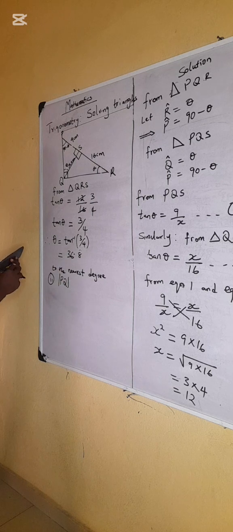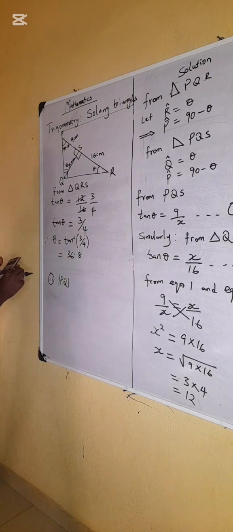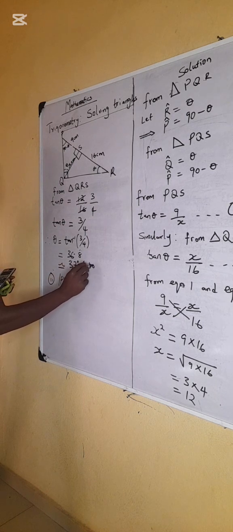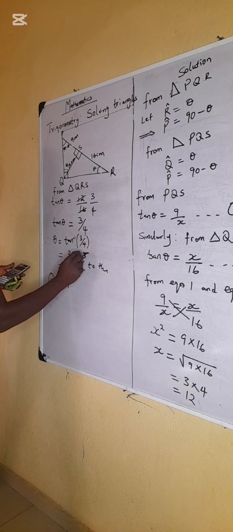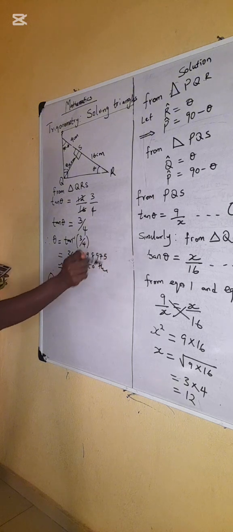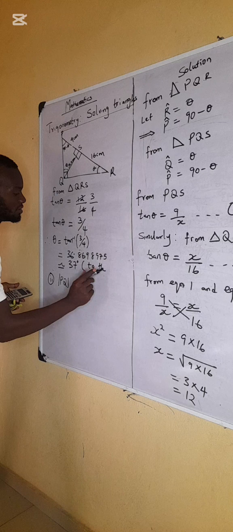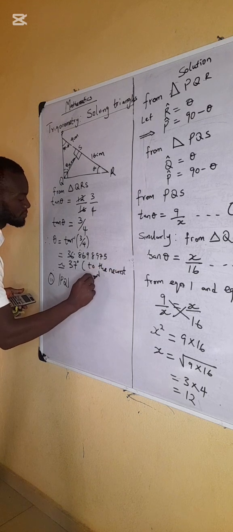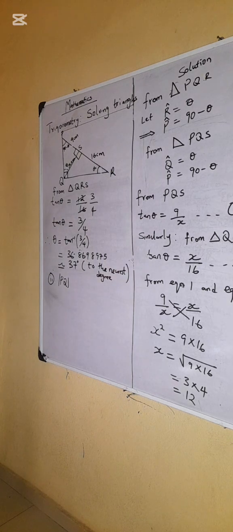But since we are asked to approximate it to the nearest degree, actually it's 36.8698975. But to the nearest degree, we'll give you 37 degrees. Okay, so that is that.